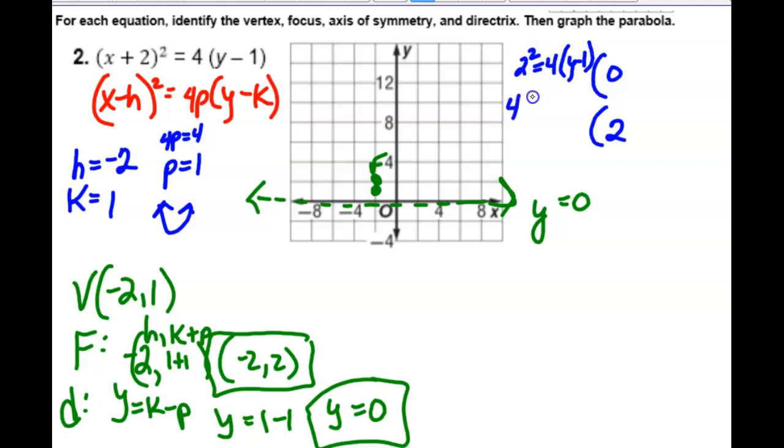If I divide it by that 4, what will I have? 1 equals y minus 1, which we add the 1 over there and get 2. Add 1, right? Okay, so if we go over 0, up 2, or we go to the other side and up 2.